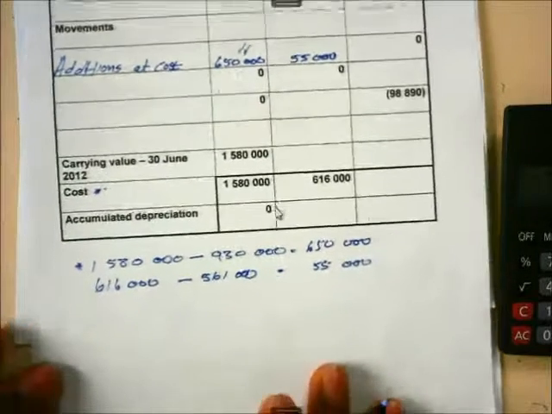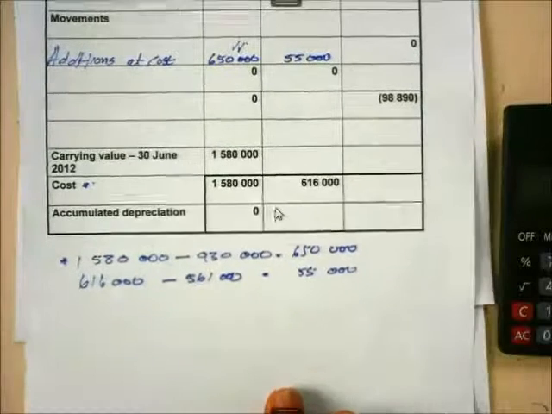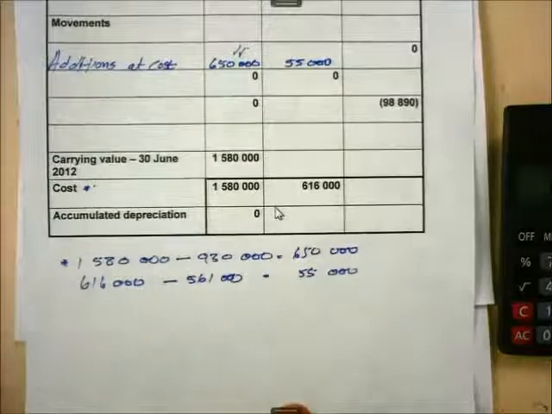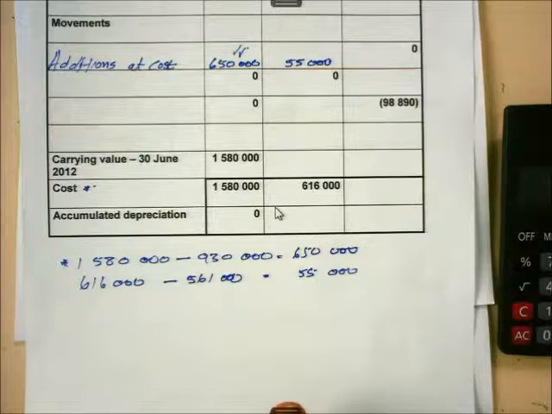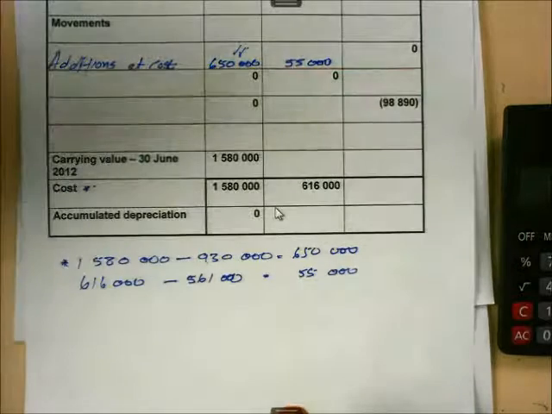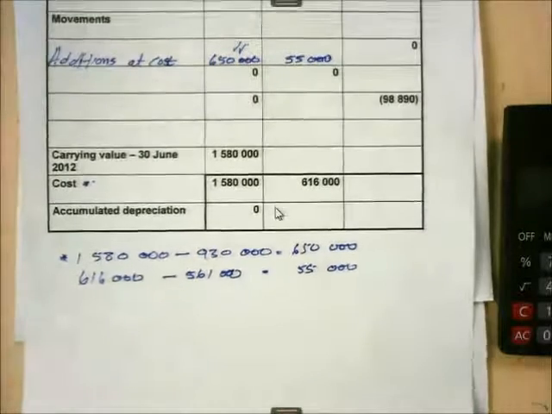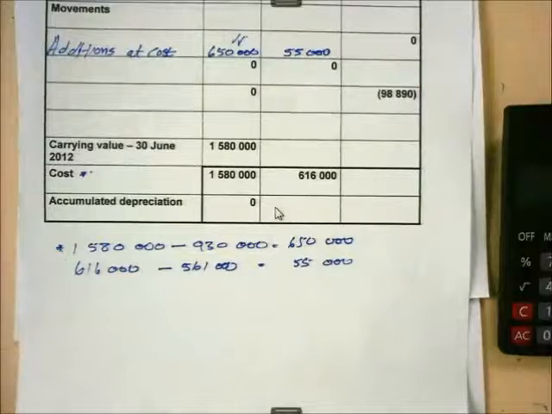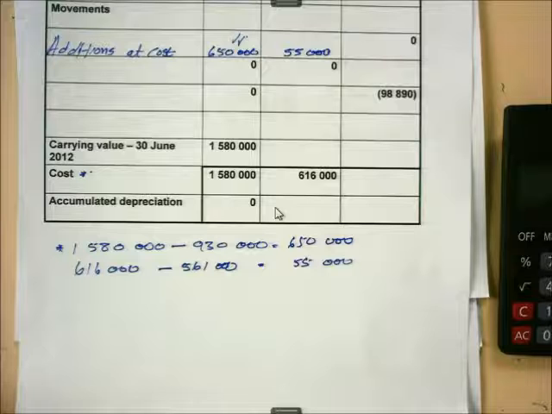you need to distinguish between depreciation on equipment that was used for the whole year, which is our old equipment, and depreciation on equipment that was used for only part of the year.